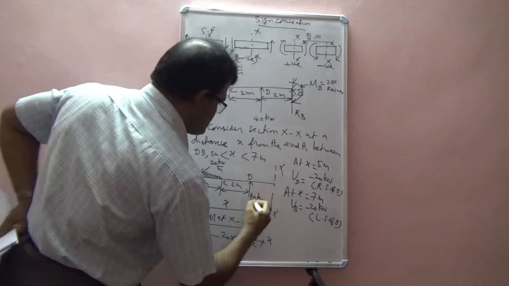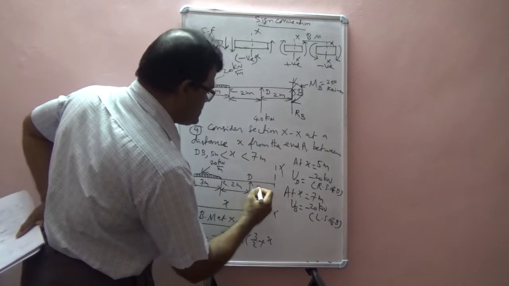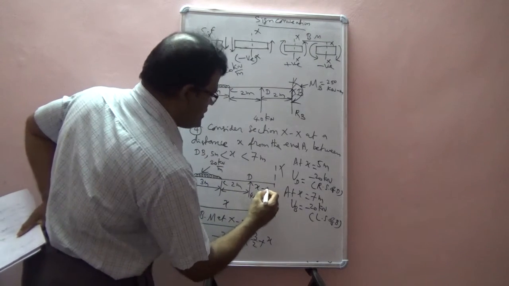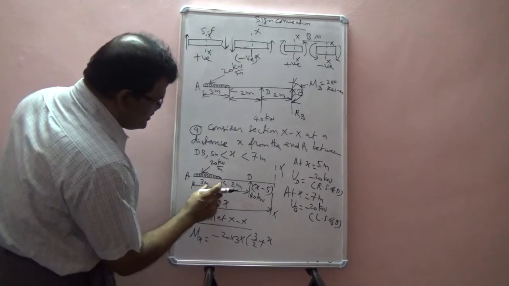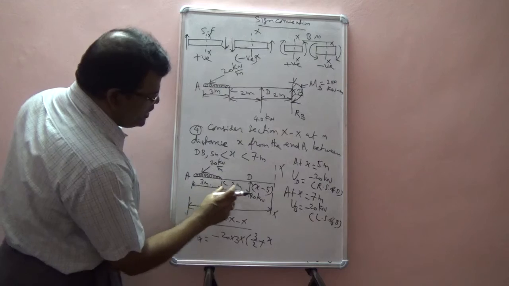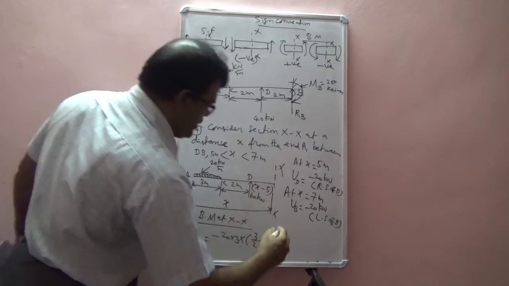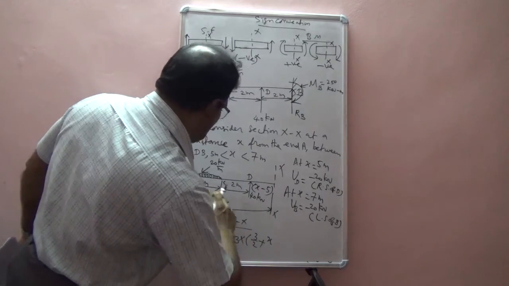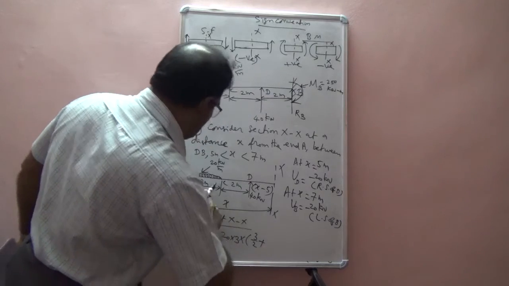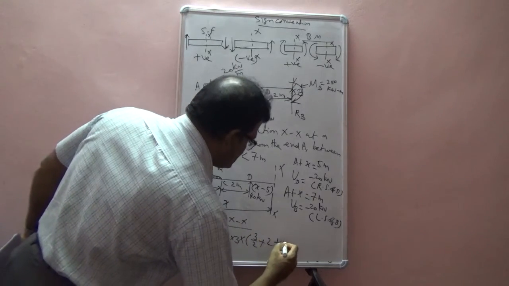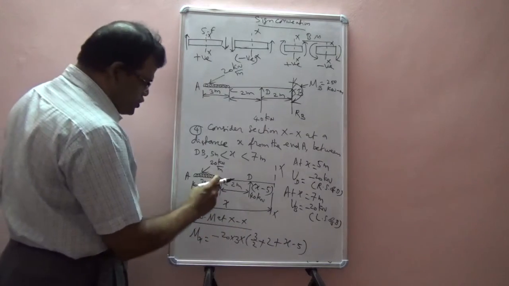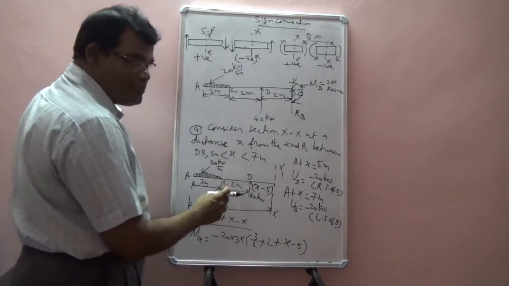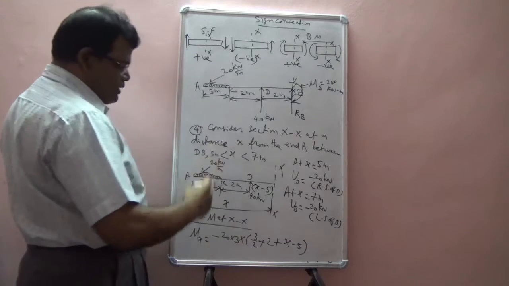This distance is x minus 5. So the distance is 3 by 2 plus 2 plus x minus 5. This force multiplied by this distance will produce the anti-clockwise bending moment.